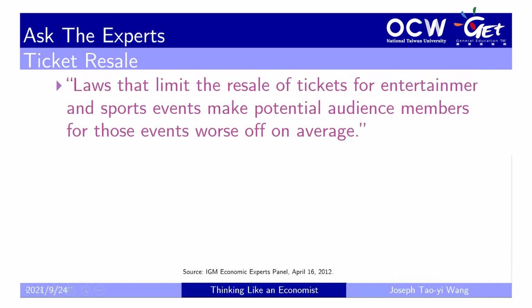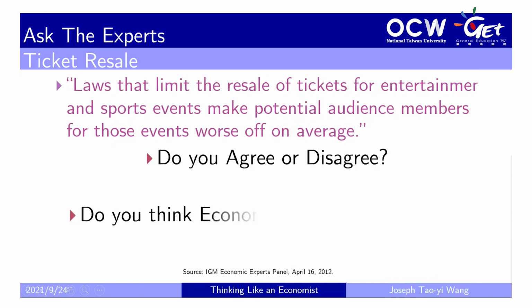So you could have imposed that you are not supposed to resell these tickets, or you cannot charge an excessive price, and so on. So here the statement is that this law that limits resale makes these audience worse off on average. Agree or disagree? So two questions. Do you agree on this, or do you think economists would agree or disagree on this statement?